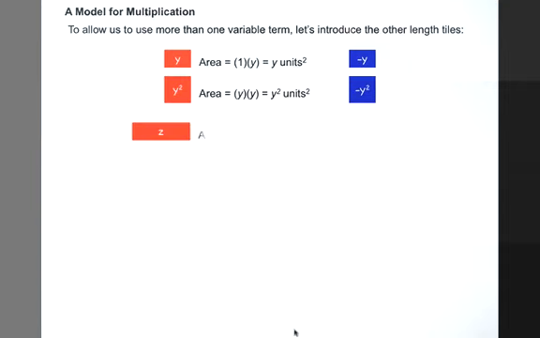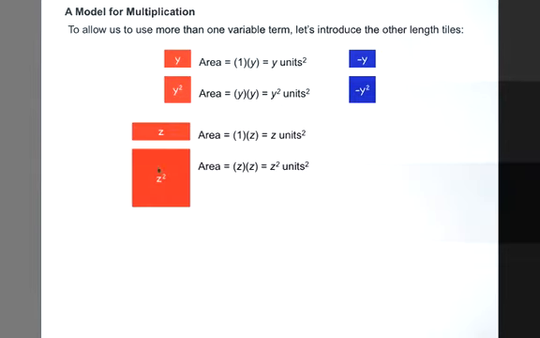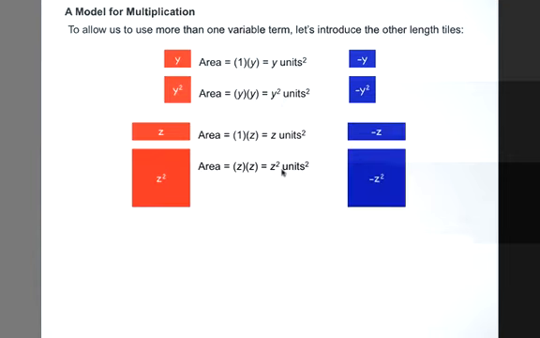We also have z. The area is equal to 1 times z, our width being 1, and our z is our unknown length, which produces z units squared. The area for this one, z squared, is z times z, which equals z squared units squared. And here are the corresponding negative values, or negative areas.